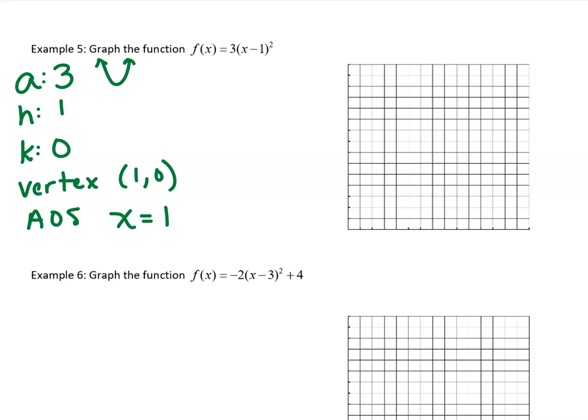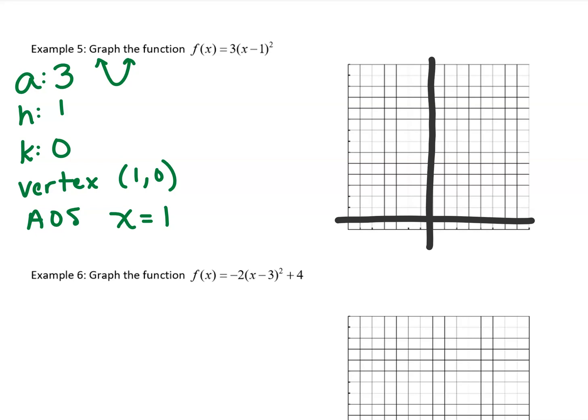Since it's opening up and our vertex is down here at 1, 0, I'm going to put my x-axis way down here at the bottom. It didn't shift very far over. The axis of symmetry is x equals 1, so I'm going to leave my y-axis kind of near the middle of the graph.